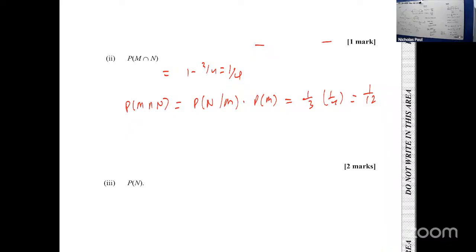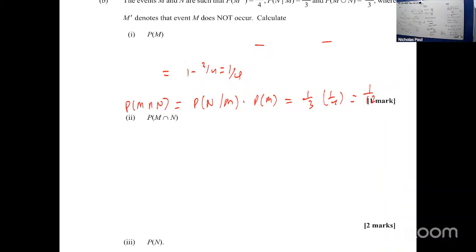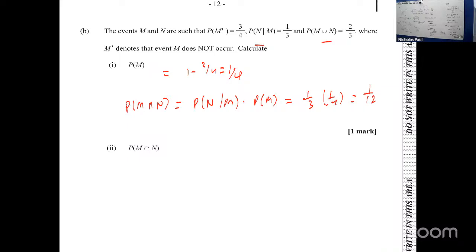What do they ask for after that? They want the probability of N now. We have plenty of different options. We have the union now, so to find this we're going to use the probability of M union N is equal to the probability of N plus the probability of M minus the probability of M and N. Probability of N is what we're trying to find.